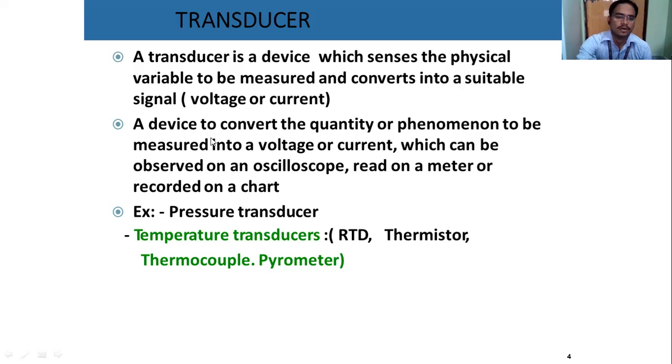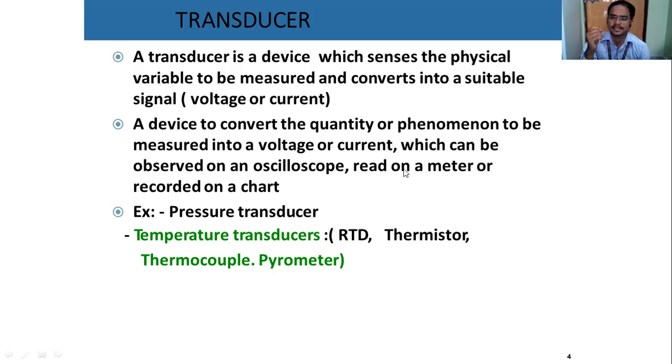Next, it is a device to convert the quantity or phenomenon to be measured into a voltage or current, which can be observed on an oscilloscope, read on a meter, or recorded on a chart. For example, a pressure transducer. Whatever the changes that took place, finally we read on a meter, and that can be written, and if you want you can record it.